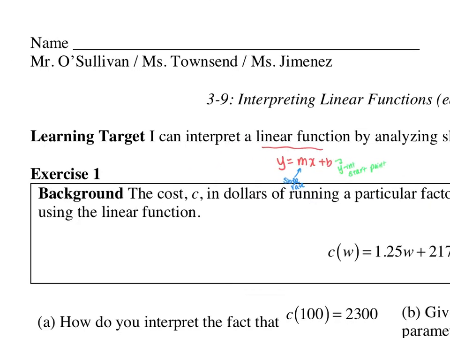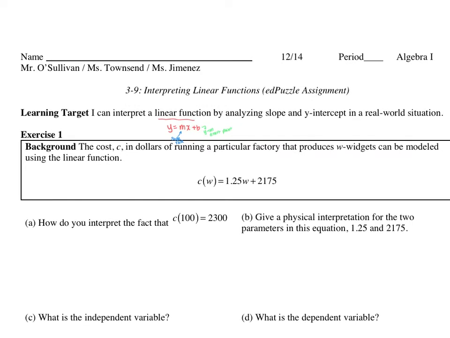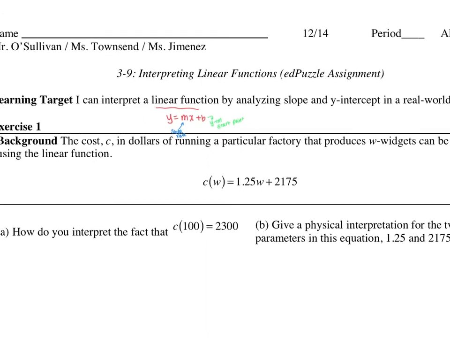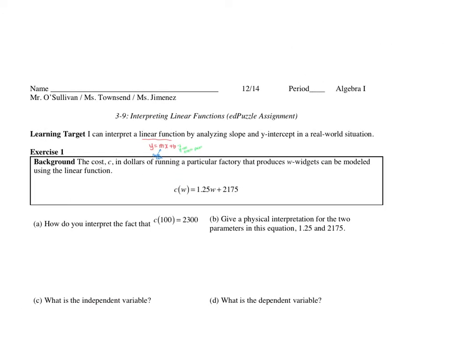So the first example we're going to be looking at today is the cost C in dollars of running a particular factory that produces W widgets can be modeled using the linear function C of W equals 1.25W plus 2,175.